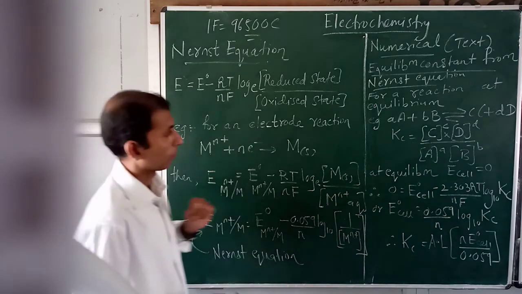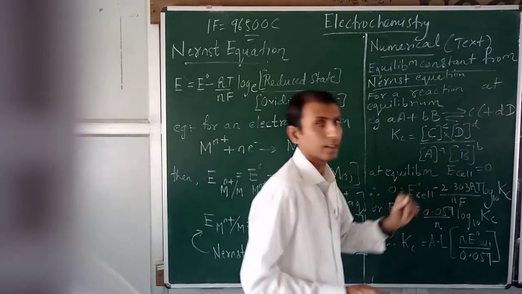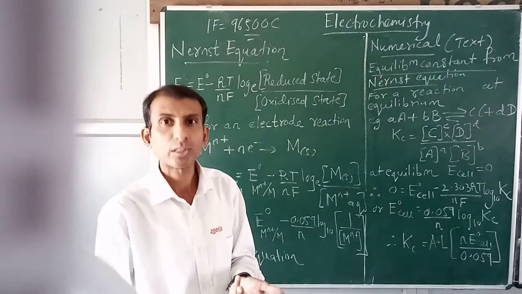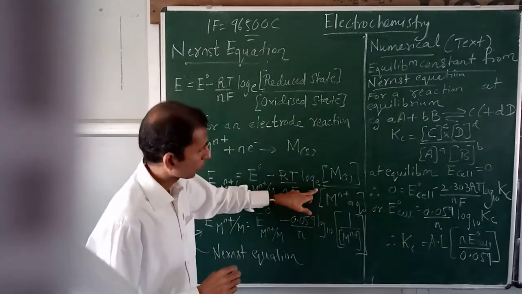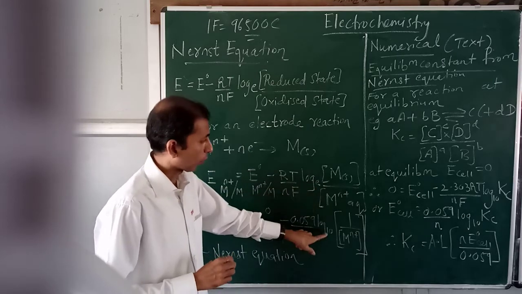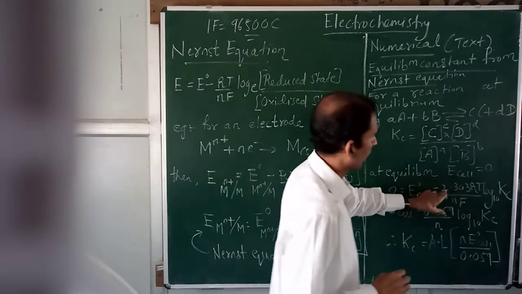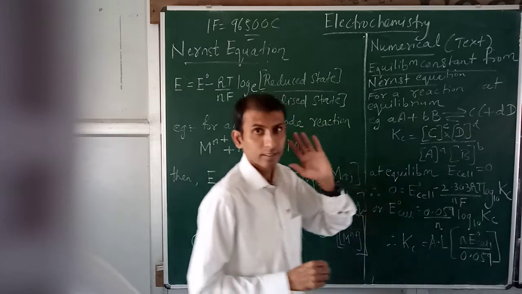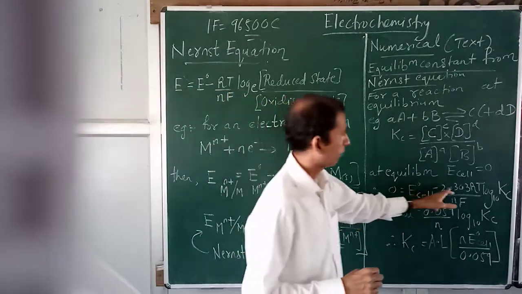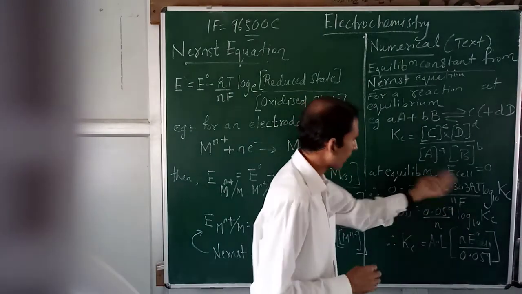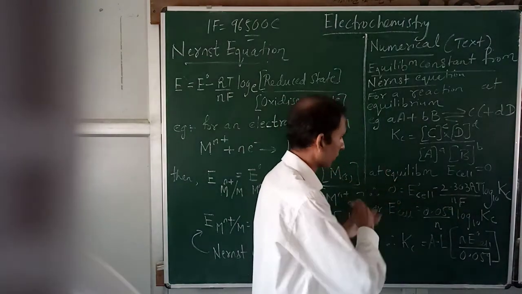Then minus 2.303. From where did you get 2.303? That also we have studied in 11th standard. Log to the base e, when converted to log to the base 10, you multiply by 2.303. So you will get this step first and then rearrange the equation.